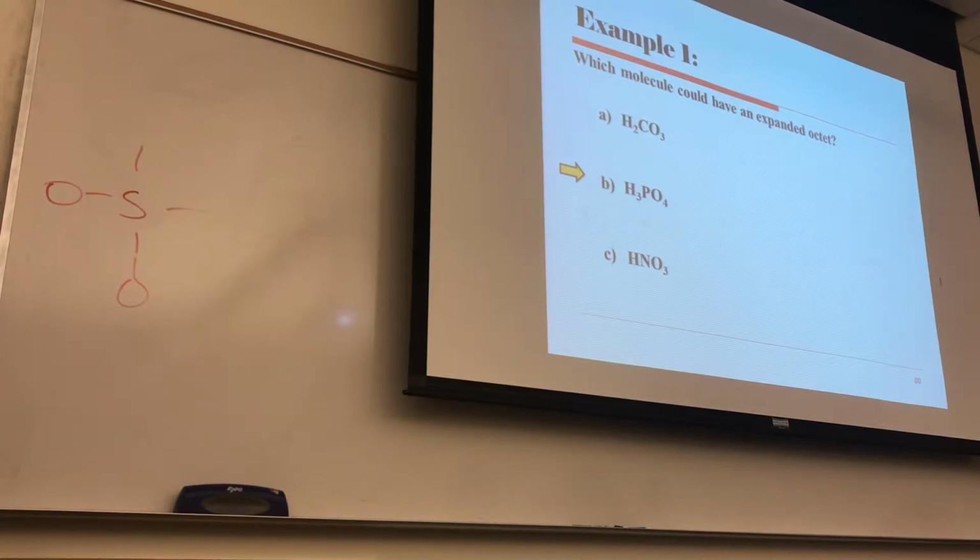So if I'm going to add electrons to that center atom, where else can they go? Potentially in the D. So I have to be on level 3 or below in order to gain access to those D orbitals. And now if I fit more electrons into those D orbitals, I can create what we're calling an expanded octet.